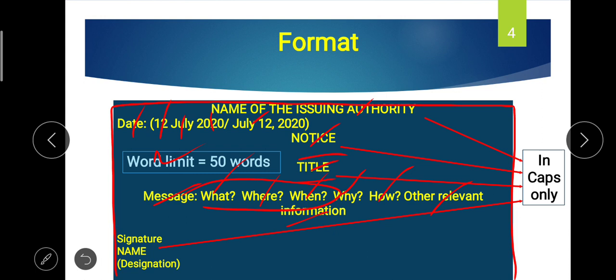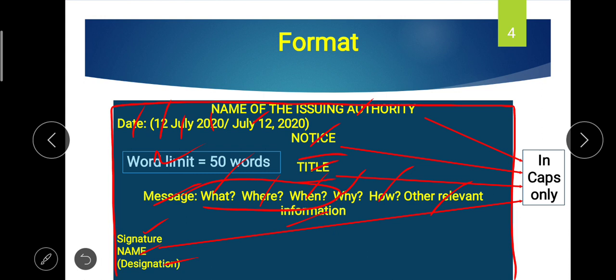Once your message is over, then put your signature. Just after signature, write down your name in a very legible handwriting and then your designation. In case you are writing in the capacity of a student, then you must mention your name, then class, section and roll number.